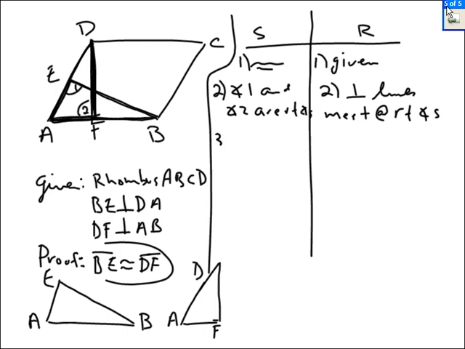Okay, now statement 3, I can actually say that these two angles are equal. Why? All right angles are equal. So we have angle 1, which is this angle here, and angle 2, which is that angle there. They're equal.